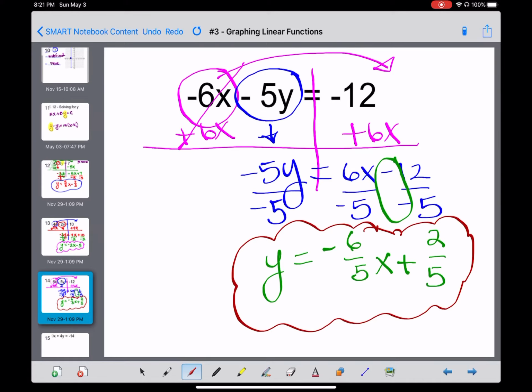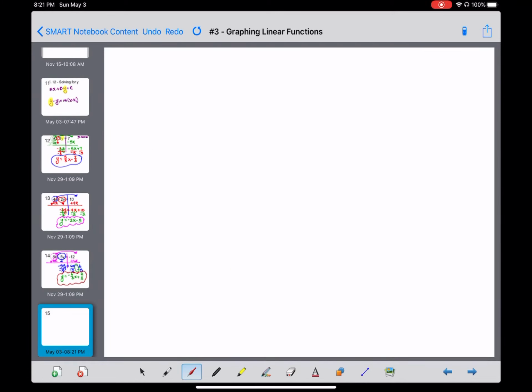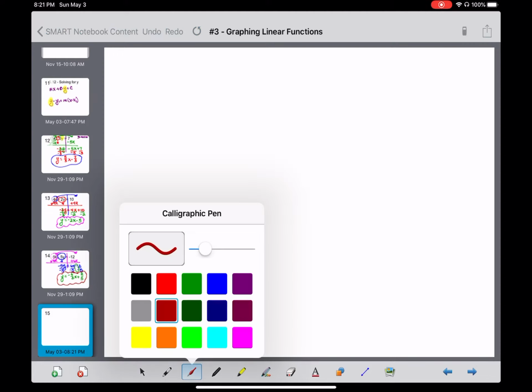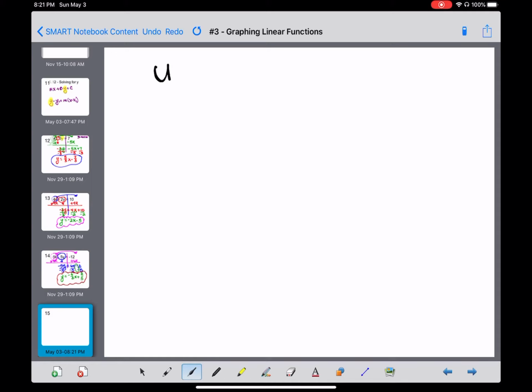I'm going to give you some in the point slope format. So if I were to give you y plus 8 is equal to negative 3 times (x plus 2). Okay?